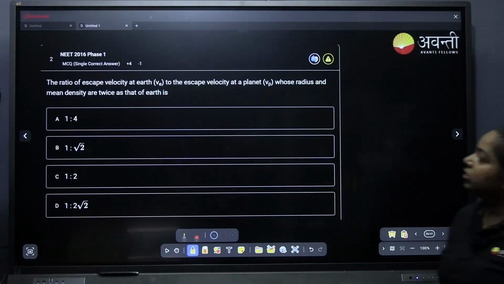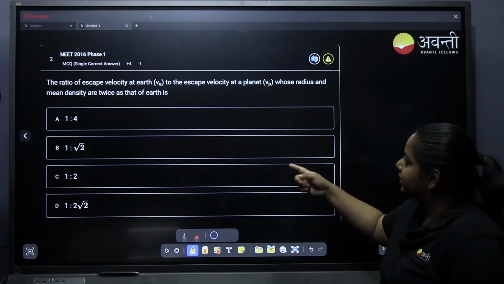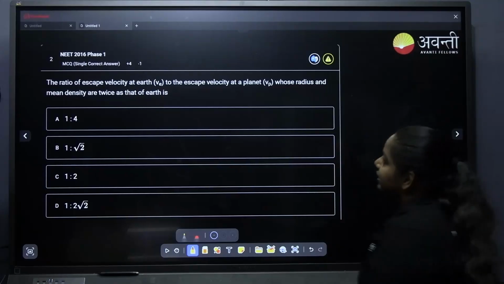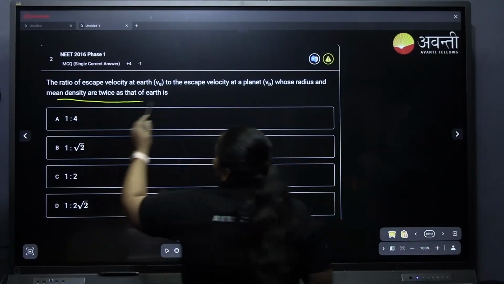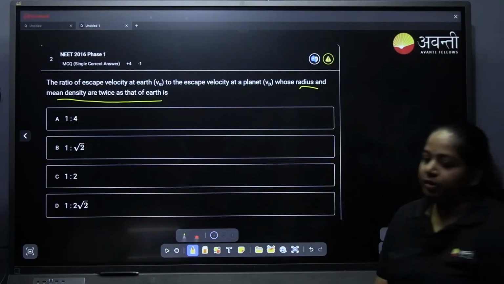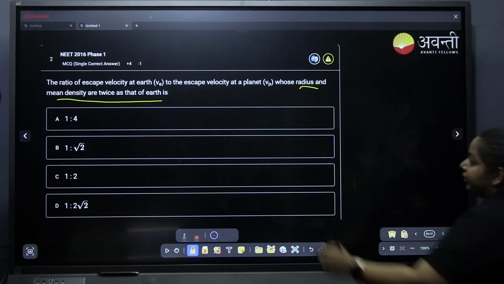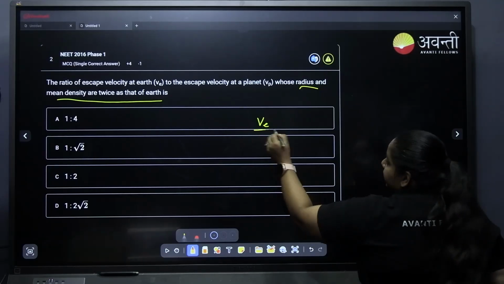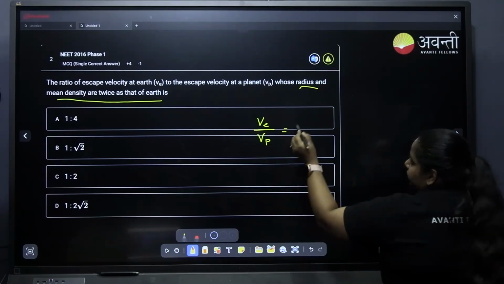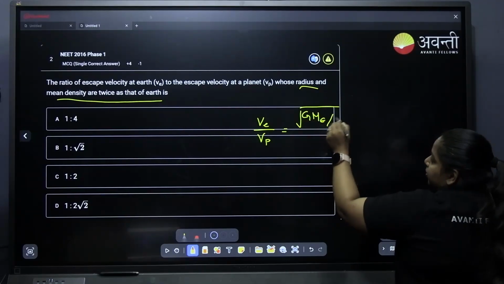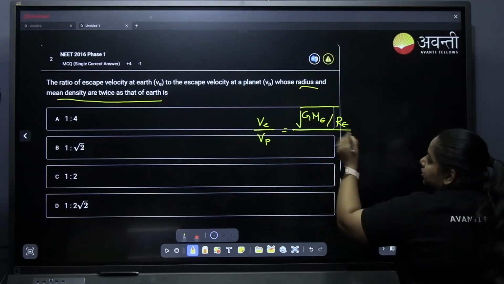Next one, ratio of escape velocity of Earth to escape velocity of planet VP, whose radius and mean density are twice that of Earth. Let's see. You have to find VE by VP. Okay, VE is equal to root of 2GME by RE.